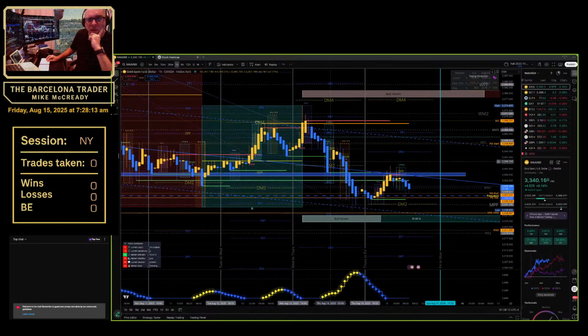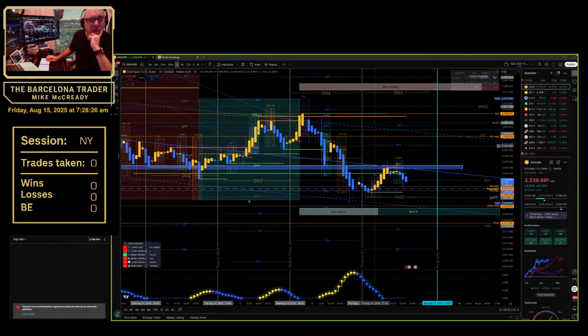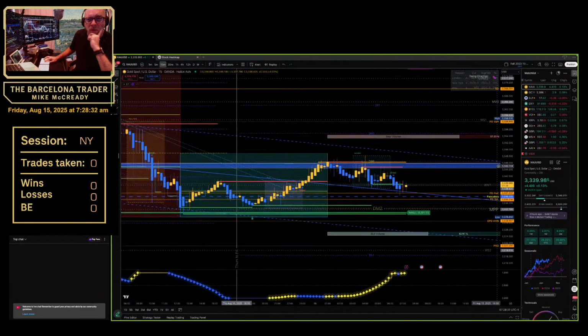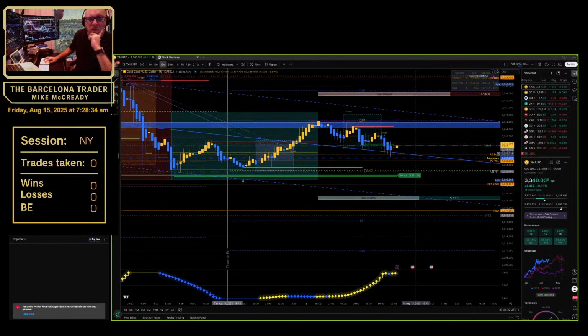So on the hourly chart at least, even though we've had ups and downs over the course of the last day and a half or so, we are still in a downward trend. If I switch to a 15-minute chart, we're also in a downward trend.